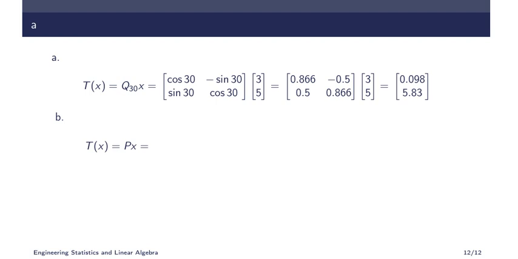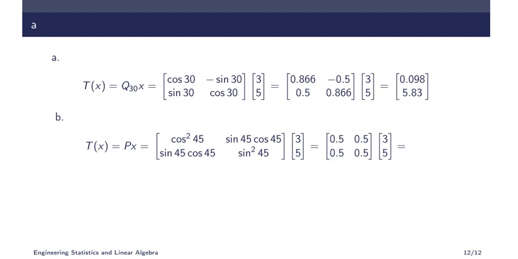The next question, you have to find the projection Px. So cos square 45, sin square 45. The projection is also at angle 45, so I have to consider theta as 45. In the P matrix I have substituted 45 and multiplied with 3, 5. So you will get 4 and 4.